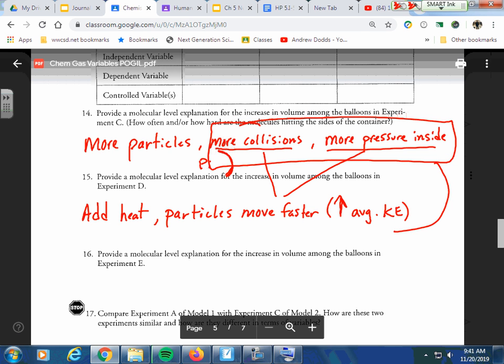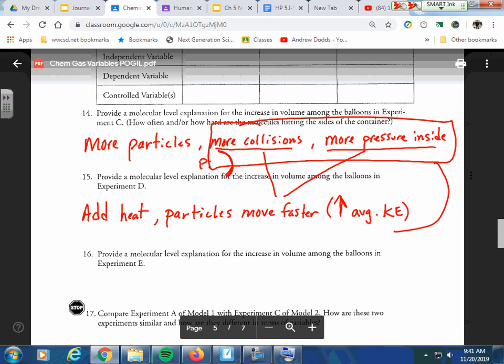Okay? What about 16? If we reduce the outside pressure, okay, if we reduce the external pressure, the balloon is going to expand, right? Why? Jerry? than the inside.